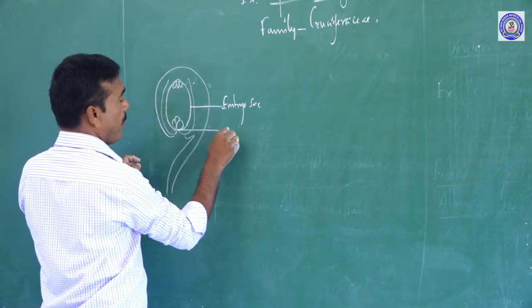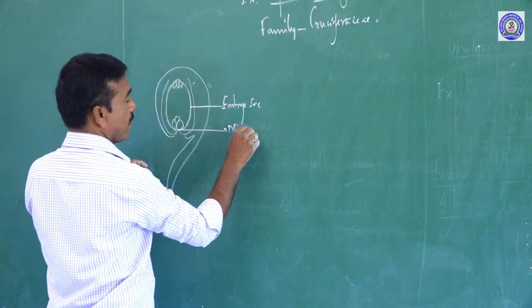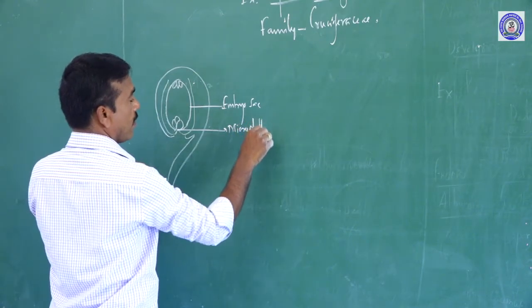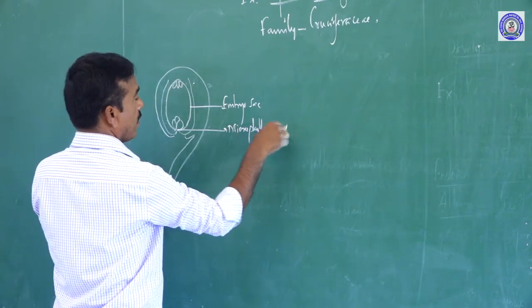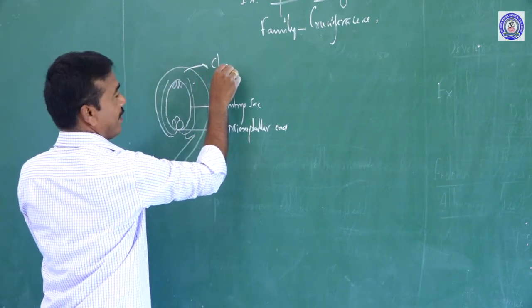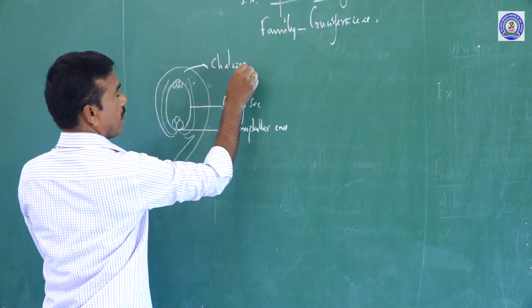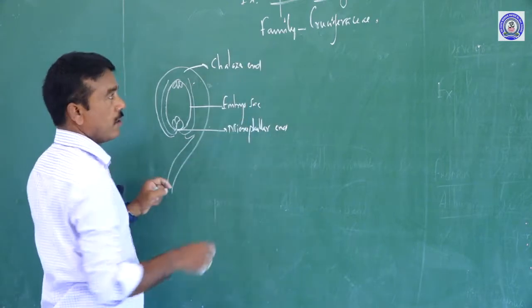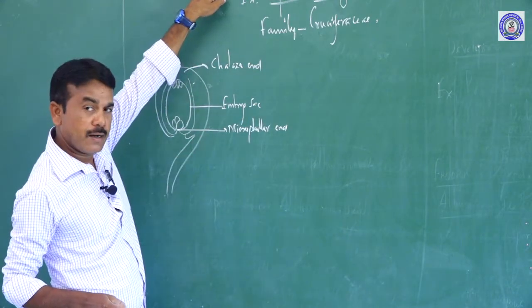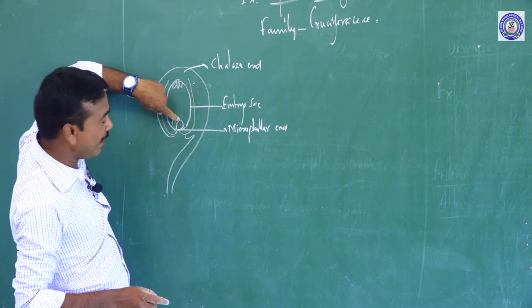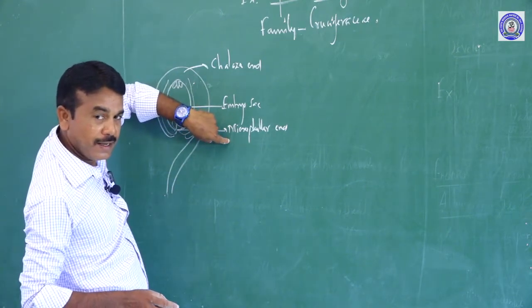This is the micropylar end. This is commonly called the chalaza end. At the time of development, the embryo moves towards the micropylar end.